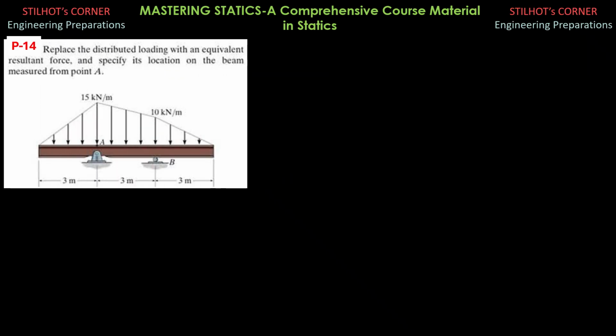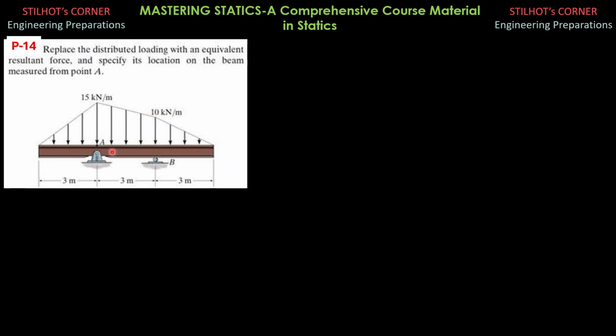Problem 14. Replace the distributed loading with an equivalent resultant force and specify its location on the beam measured from point A. So we have here this loading that varies. For this trapezoidal portion, I have to divide it into two triangles.